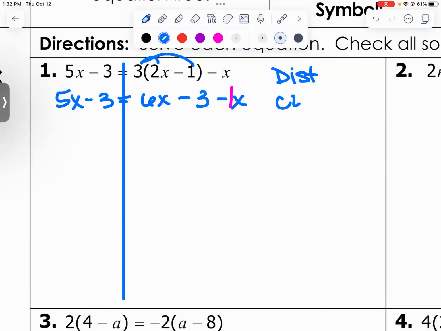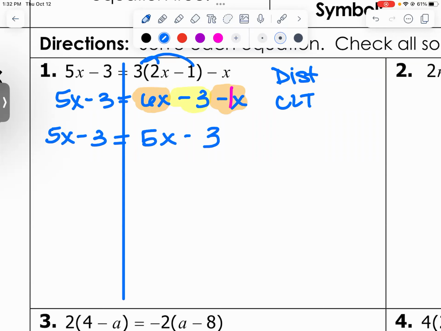Is there anything to combine on the left side? 5x minus 3, no. However, we have some like terms on the right side. So on your right side, 6x minus x is 5x. So we have 5x minus 3.